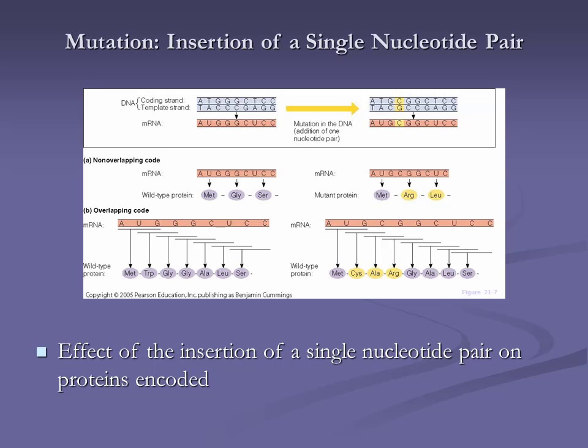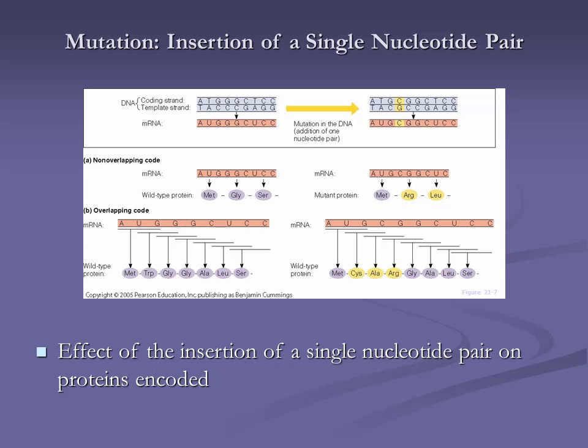Because now instead of methionine, tryptophan, glycine, glycine, because of that one insertion, we have shifted what is referred to as the reading frame. Because you're reading every 3 letters. Well, now by inserting a C where there was not supposed to be a C, now you got methionine, cysteine, alanine, arginine, and it just happens that you get back on track here.